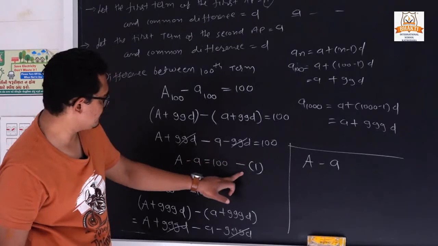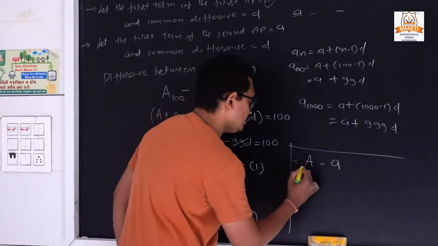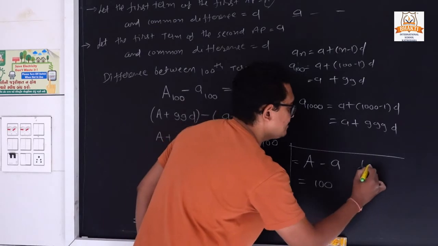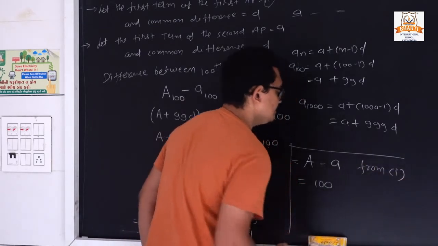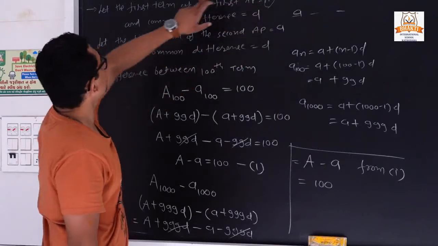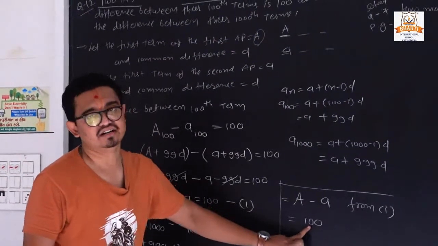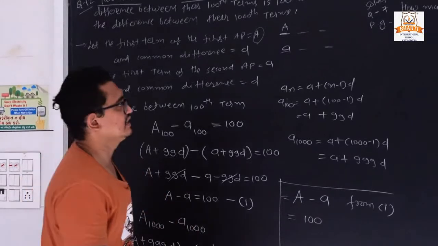But from equation 1, A minus small a is 100. So what is our answer? 100. Here we can write from equation 1, capital A minus small a is 100. So it means what? The difference between their 1000th terms is also 100. So our answer is 100.